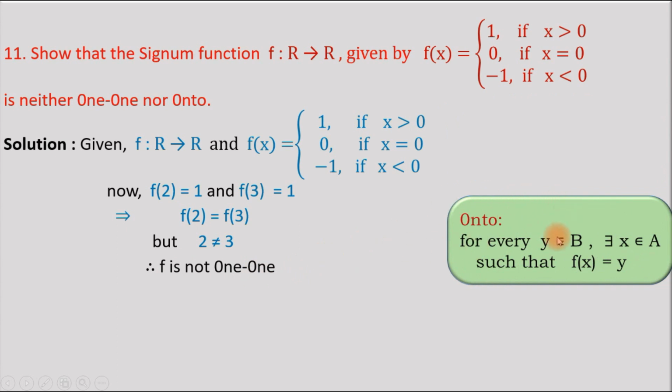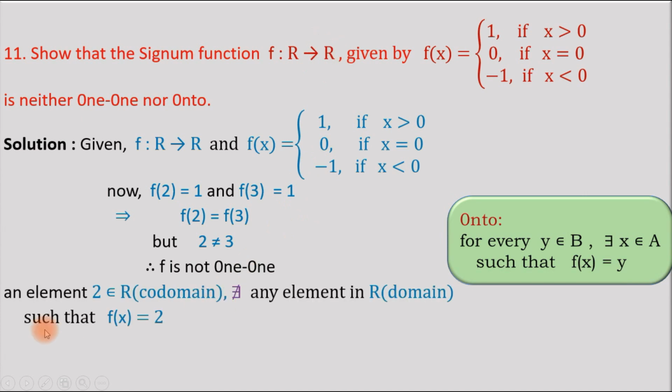Look at the condition of an onto function. For every y belonging to B, the codomain, there exists x belonging to A such that f of x equals y. Take an element which belongs to the codomain which is not an image. That means an element 2 belongs to the codomain, there does not exist any element in R such that f of x equals 2. That means 2 is not an image of any element.